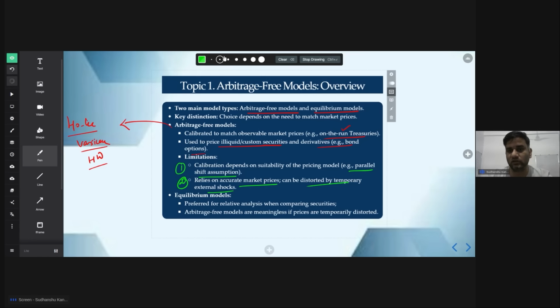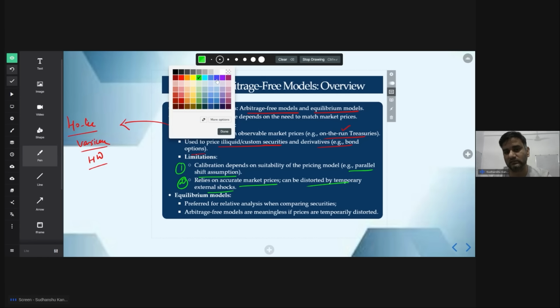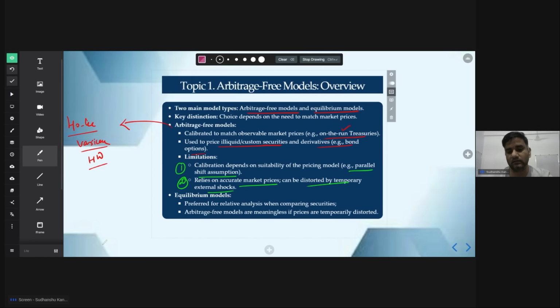There is a small discussion on the equilibrium model also, which is not that much discussed in your syllabus, but the point here is that in an equilibrium model you don't force a match to today's yield.